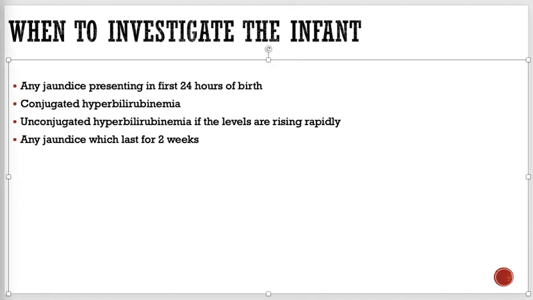These 4 points will guide us on when to investigate the baby for jaundice. So if we have these points, we must be clear in our mind about when we have to investigate the babies.